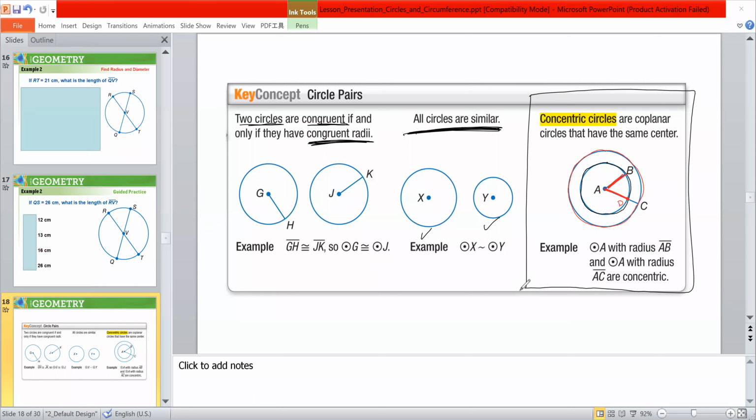What about the radius of the big circle? The radius of the big circle AC equals the radius of the small circle AD plus DC. So tomorrow, inshallah, I can give you AC and DC, and I ask you about the radius of the small circle, which is AD, and so on. Okay.